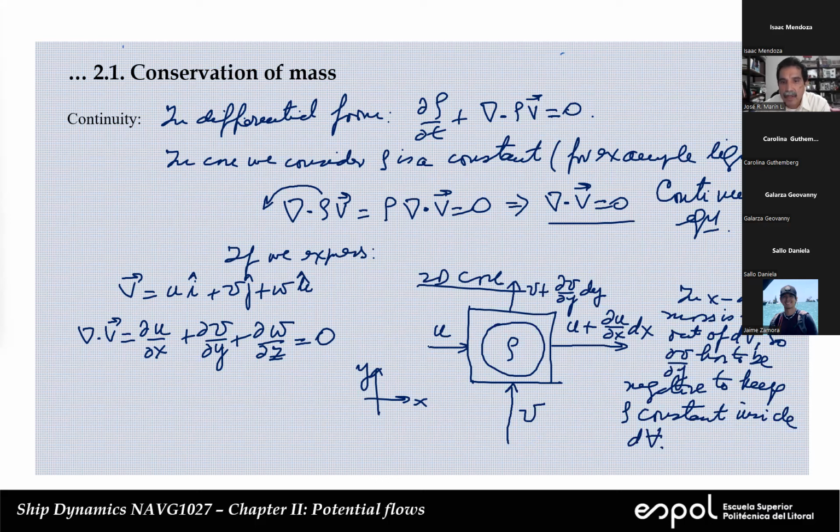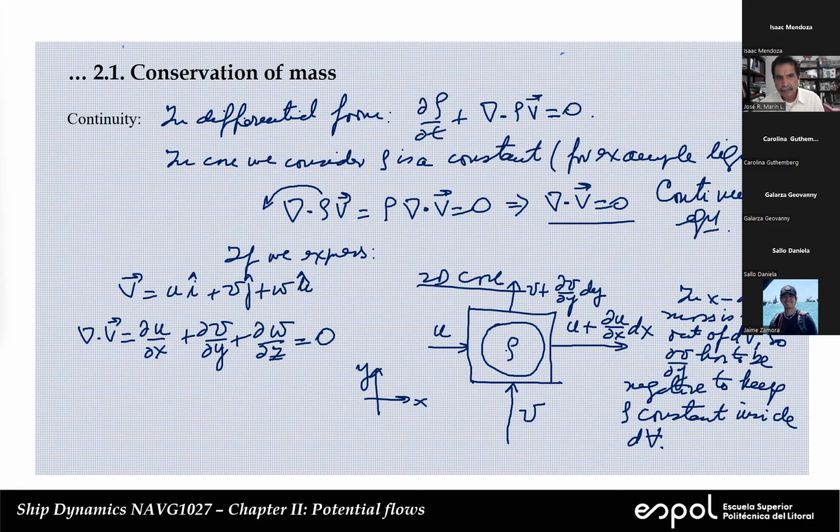So in one direction we have a rate of change which is positive, which means the fluid is going out in the x direction. In the other direction, we have to have an entrance of mass so that the mass of fluid inside dv stays constant. Otherwise, we're going to lose mass, and that's not possible.